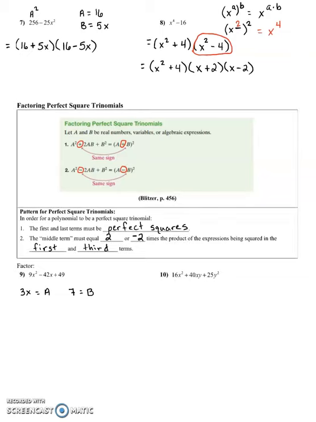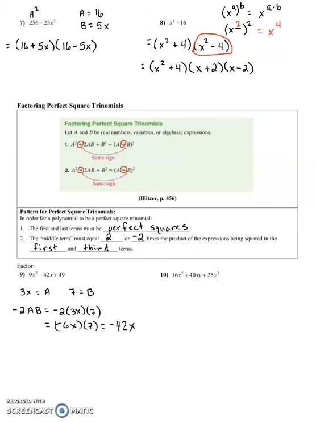Now, how do we check the middle term? Since it's negative, we say negative 2 times a times b. So what does that give us? Negative 2 times 3x times 7, which gives us negative 6x times 7, which is negative 42x.